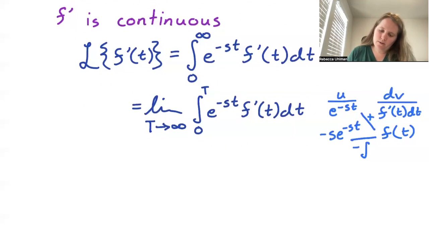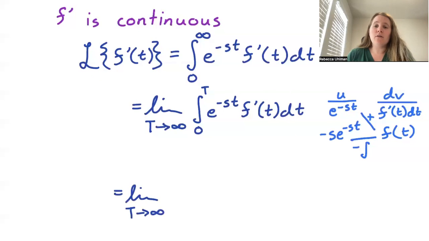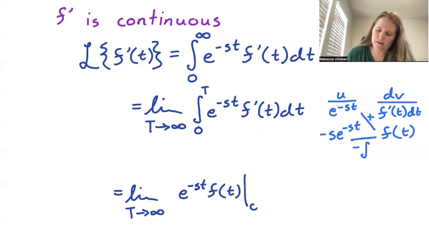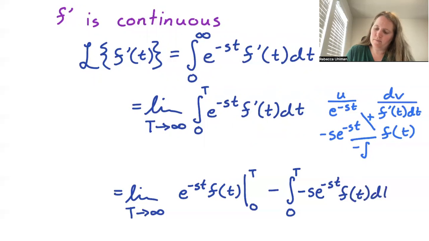We have the limit as capital T goes to infinity of e to the negative st times f of t, evaluated at 0 and capital T, minus the integral from 0 to capital T of negative s e to the negative st times f of t dt.